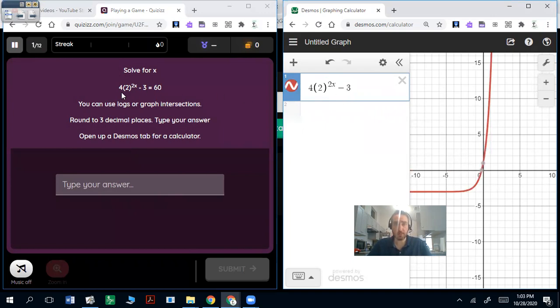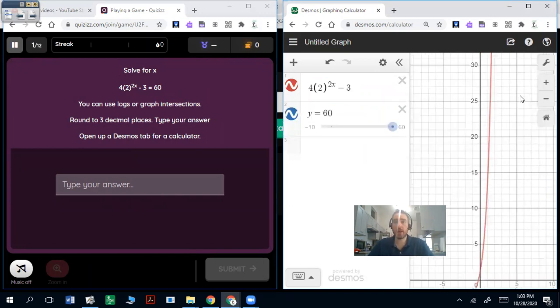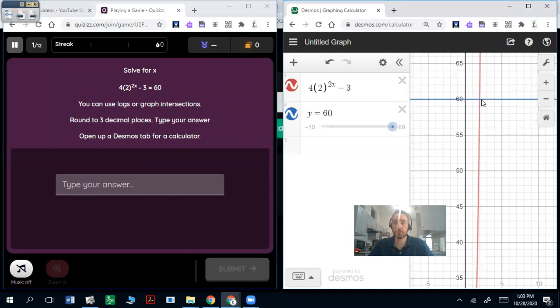You can see what I did. I typed the left side of the equation here. On the right side, I would do y equals 60. And I would move that down. Click on the intersection, and I get 1.989. So I can get my answer by just doing that, 1.989.